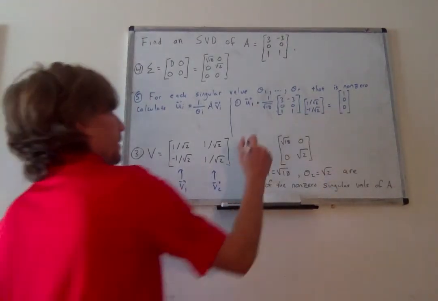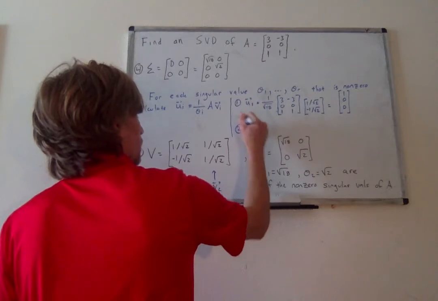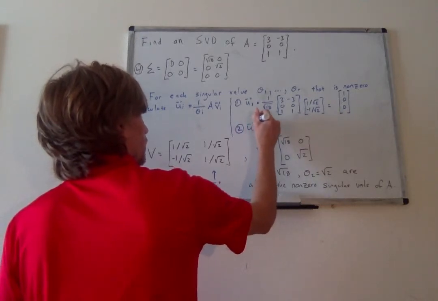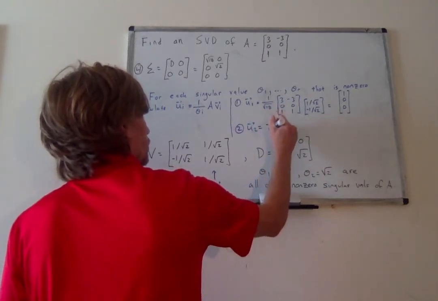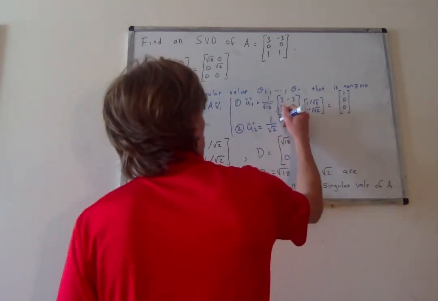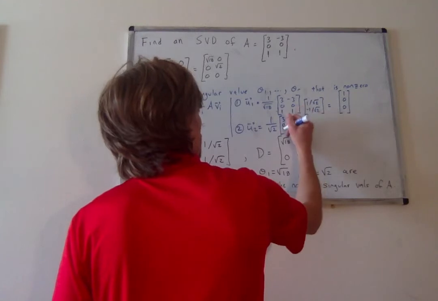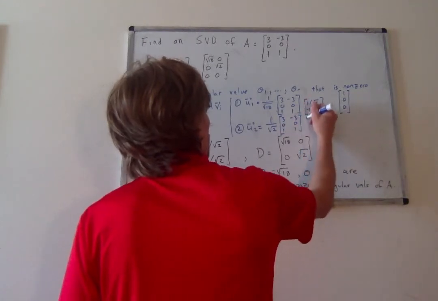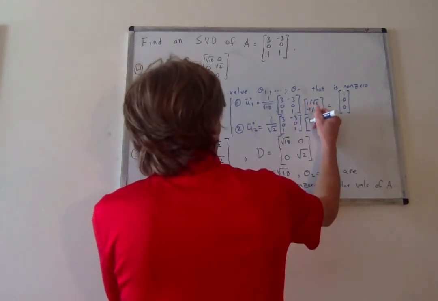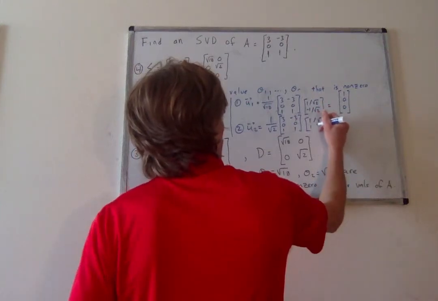And now we calculate U2, which is equal to 1 over the square root of 2 times A times V2, so that's (1 over root 2, 1 over root 2).